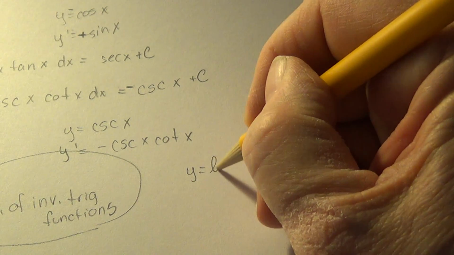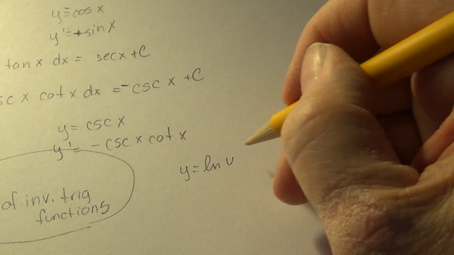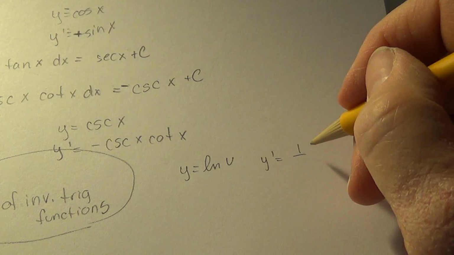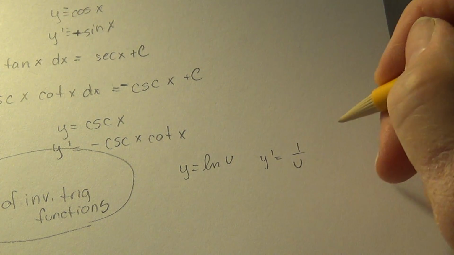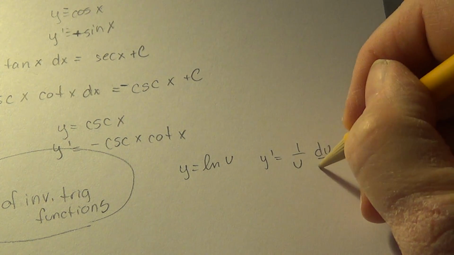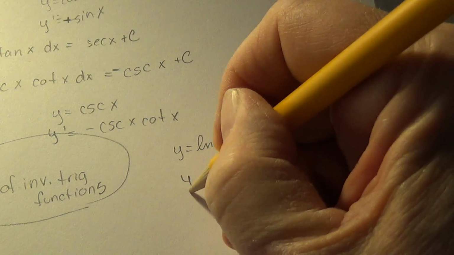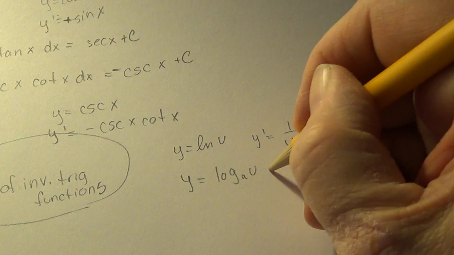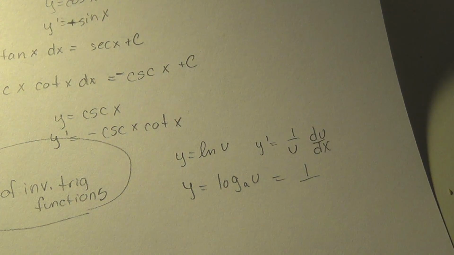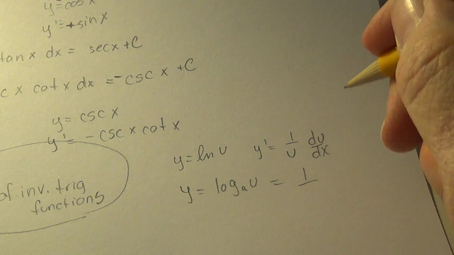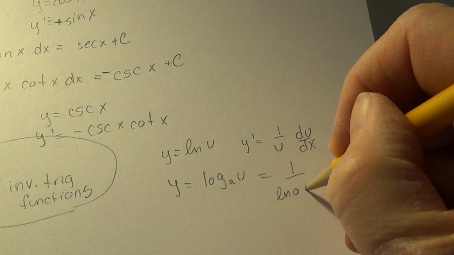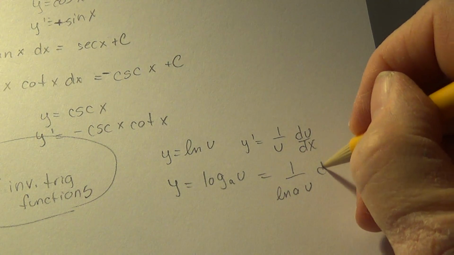So if y equals ln of u, remember y prime is 1 over u du dx. But what happens when it's a log with base a? Then we have 1 over ln of a times u, du dx.